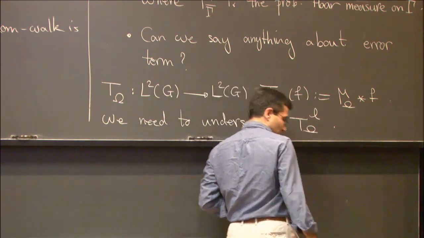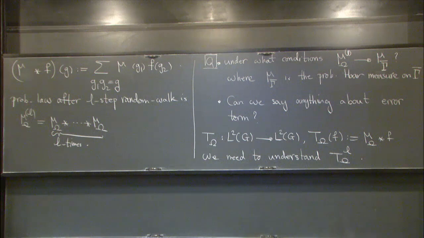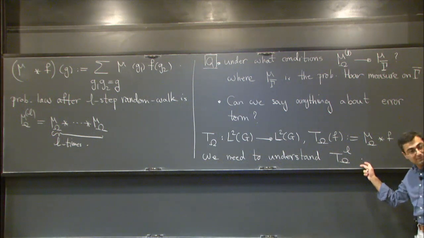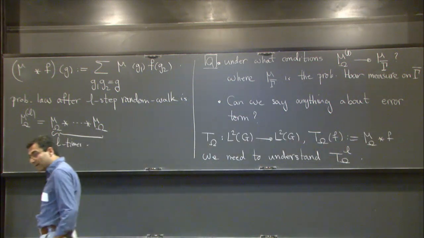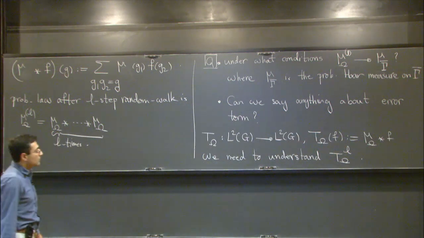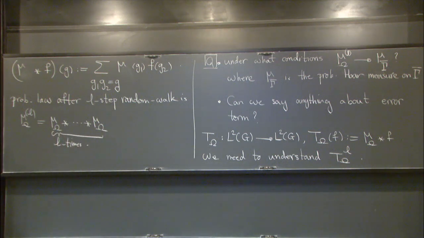As all of us know from linear algebra, if you want to understand a matrix raised to power L, then we have the best understanding if it is in diagonal form. So if we can make it diagonal, then we are in good luck. What do I know about this operator? I assume that omega is symmetric. That would imply that this operator is self-adjoint.